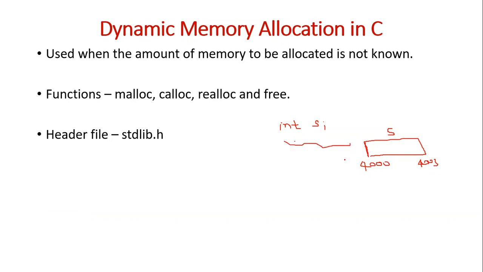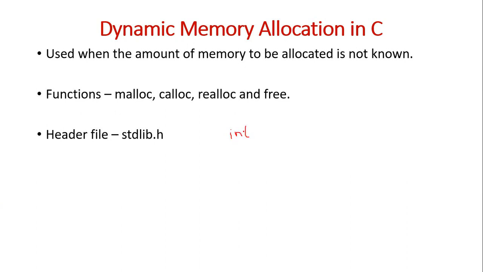But sometimes we don't know how much memory is required. Say the program may use either 5 variables or 10 variables or 100 variables or 1000 variables. It depends. Initially, I don't know how much it will need. In that case, you can use an array.